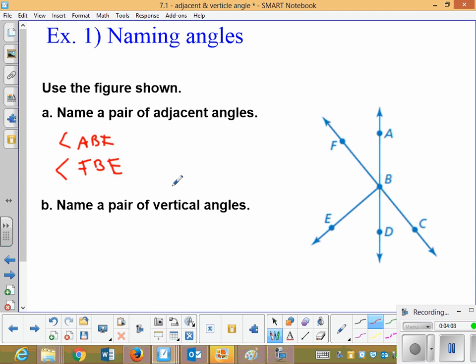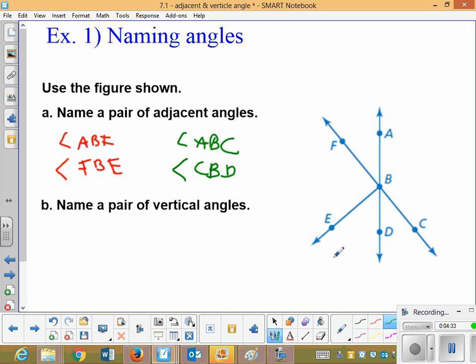What else is also adjacent? We can say ABC. So these are one group. ABC is adjacent to CBD. I know they're not always in alphabetical order, but try your best to make it in alphabetical order if you can.